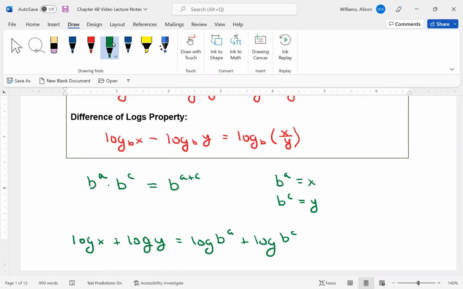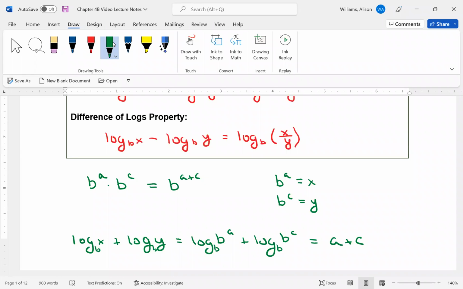And I should be using the same base, so these should be log base b, log base b. And then that becomes a plus c.